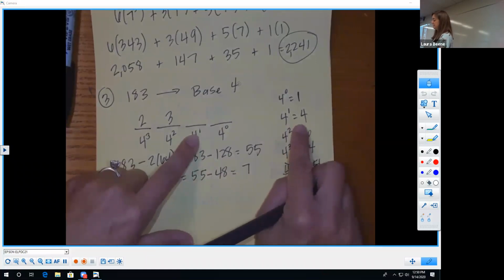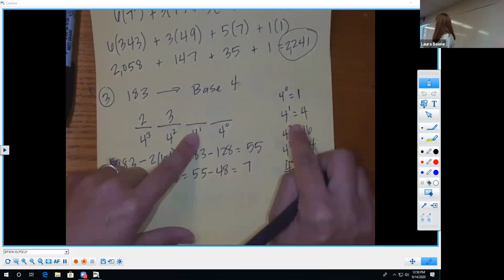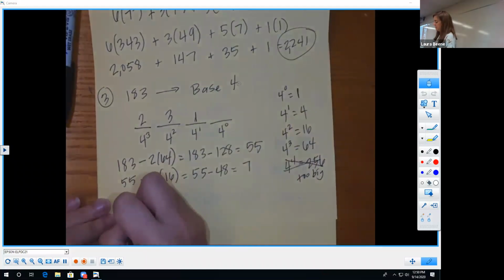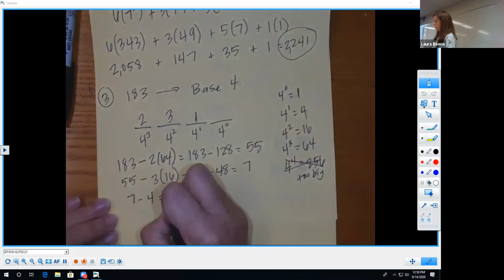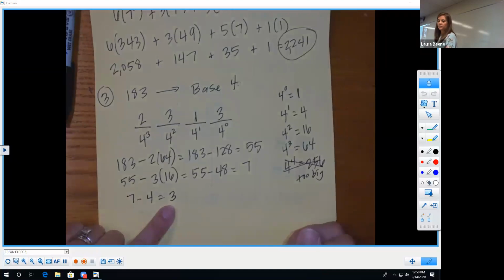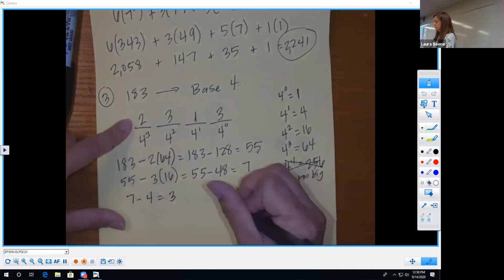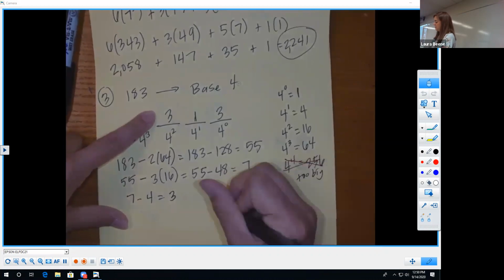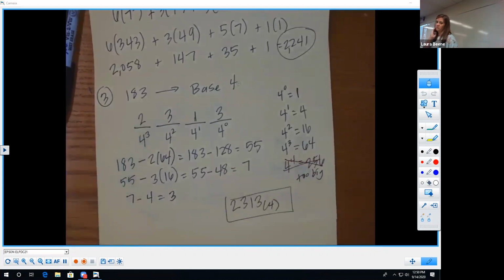There are 4 pieces in a long. If I have 7 pieces, how many longs can I make? 1. 7 minus 4 is 3 pieces left over. And so that's units. I have 3 units left over. Okay. So my answer is 2, 3, 1, 3 in base 4.